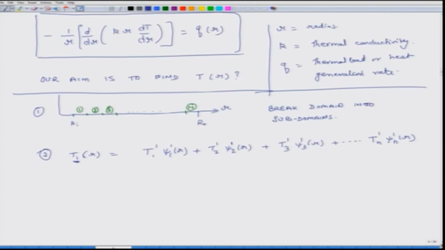That's all it does. Second, these psi's also have a superscript and a subscript. The superscript again designates the element number. These psi's are interpolation functions.